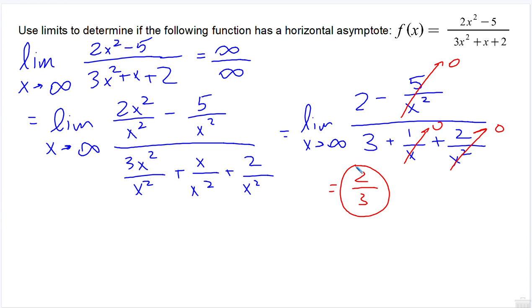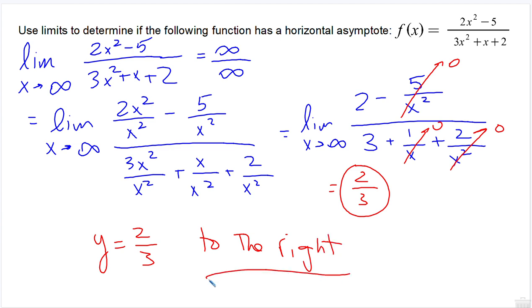Now, what this has shown us is that this particular function has a horizontal asymptote of y equals 2/3 to the right. Now, it's very important that we specify that this is a horizontal asymptote only to the right, right? Because we looked at a limit as x approaches positive infinity. And so we need to also investigate what happens as we approach negative infinity.